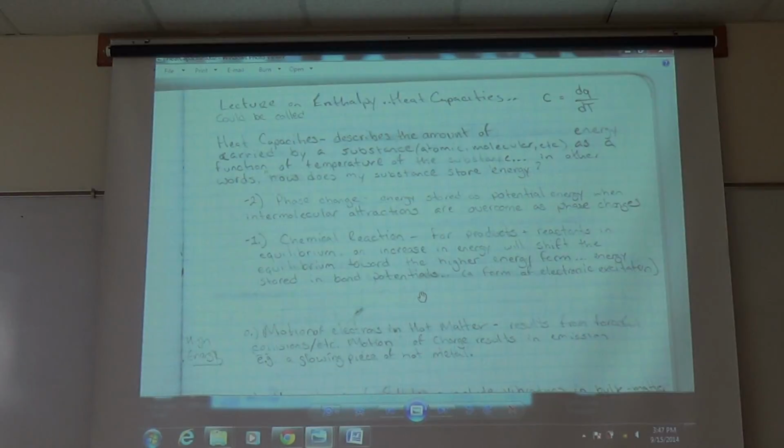And so I like to think of temperature as a big bath of water. And I like to think of the heat capacity as being spaces inside a porous rock or something that you immerse in that water.